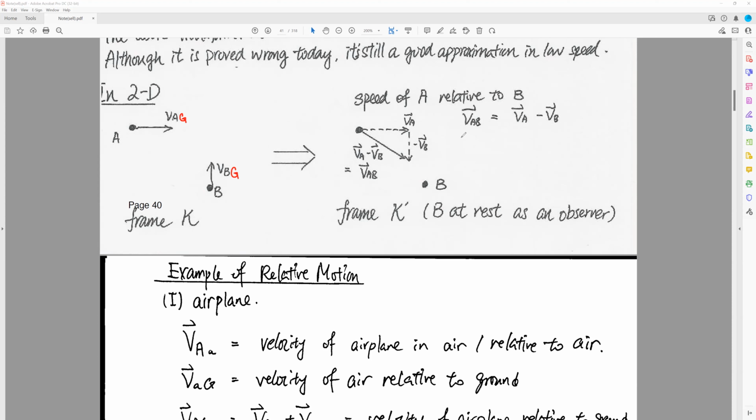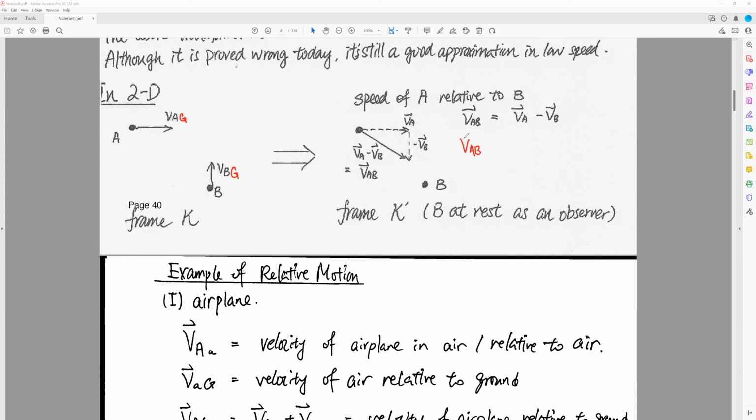And then for this formula, VAB is the speed or the velocity of A relative to B. So it's VAG minus VBG. And if you put this one on the left hand side, it shows you that it will give you the same formula as what I have derived.